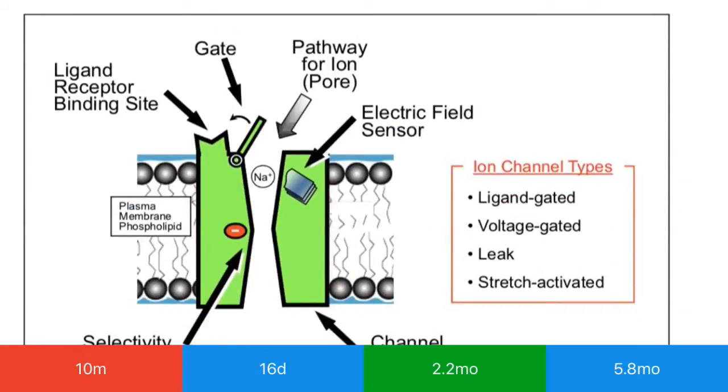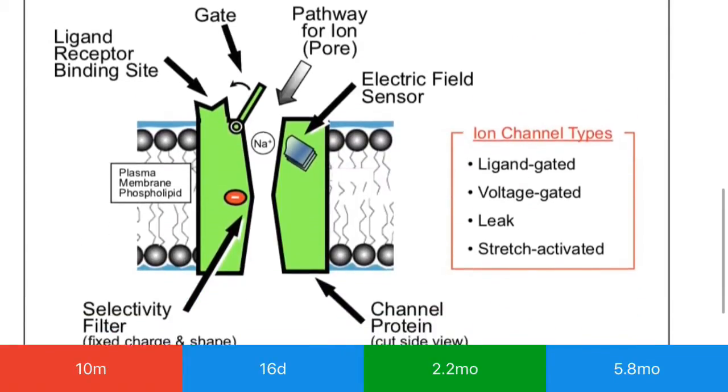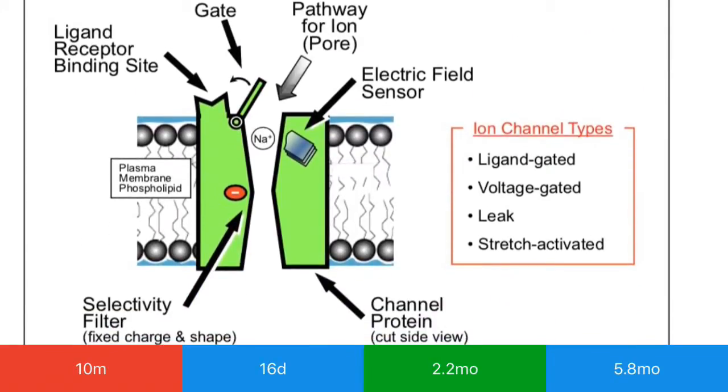A ligand-gated channel has a selectivity filter. It has a ligand-binding receptor and a gate. The ligand-binding receptor opens the gate, the pathway for the pore, or pathway for the ion, and then there's a selectivity filter to make sure the wrong thing doesn't get in.